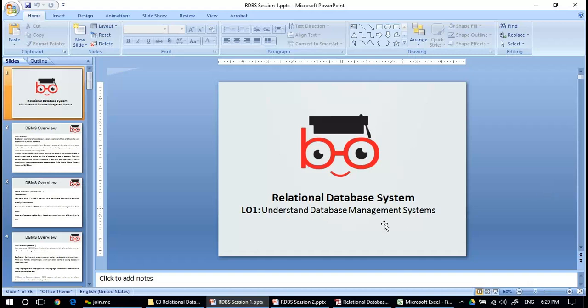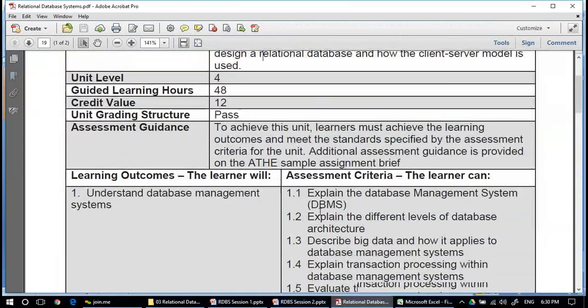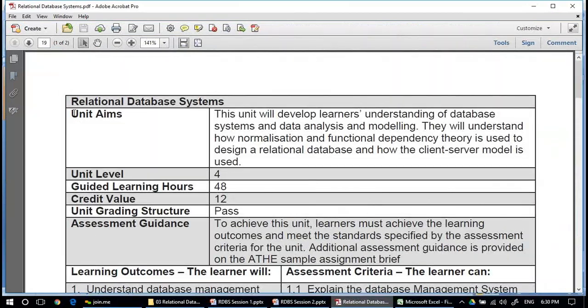I will continue with session 2, which means learning outcome 2 of the relational database systems. Let me come to learning outcome 2 and finish by 7 o'clock, and then I will start learning outcome 3 from 7 o'clock to 8 o'clock. Hence, we will be able to complete this unit, the relational database systems.